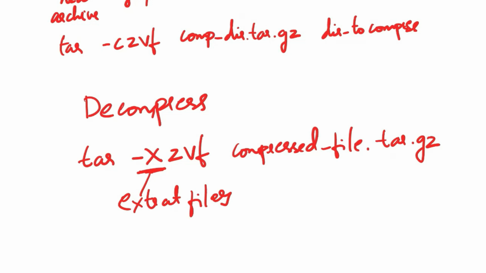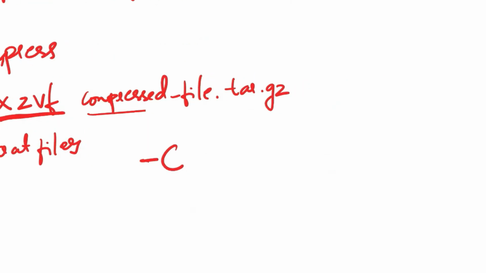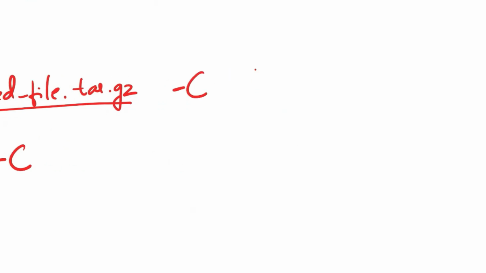But if you want to extract the contents of the archive to a specific directory, you can use the -C option followed by the directory path. So you will write the same tar -xzvf compressed file.tar.gz, and then you will use -C and then the path to the destination directory.